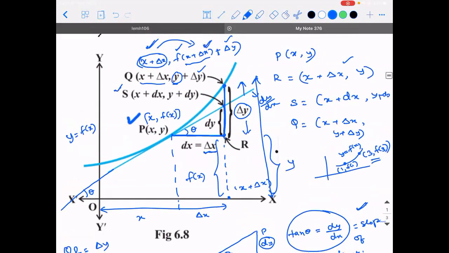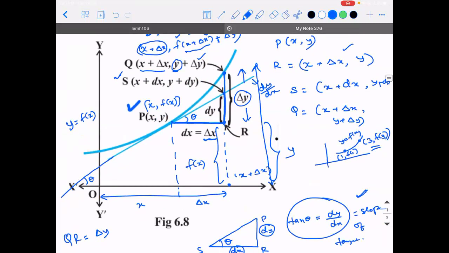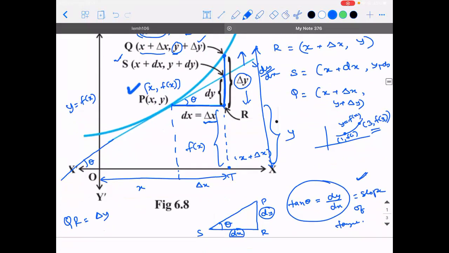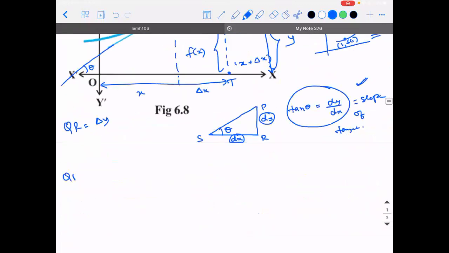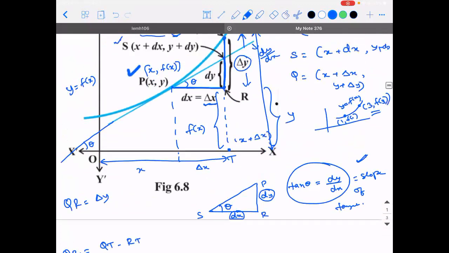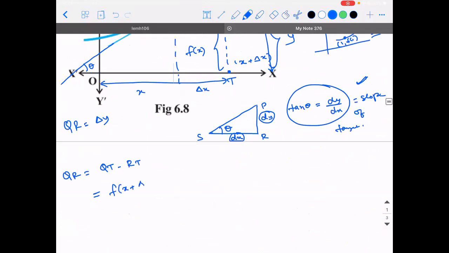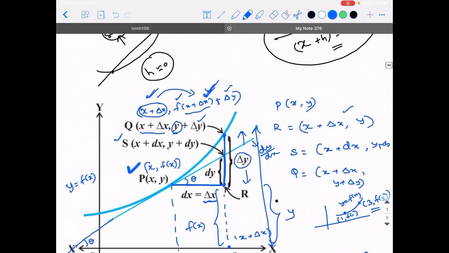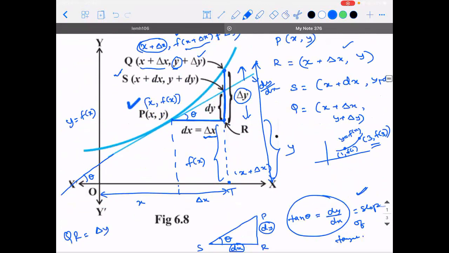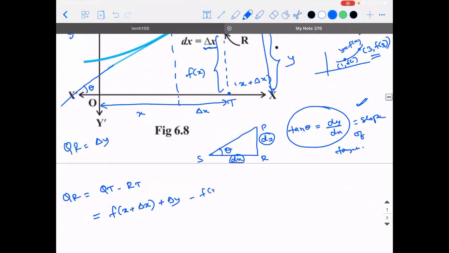If I take this point as t, can I write QR as qt minus rt? Qt is this y coordinate, minus f of x.